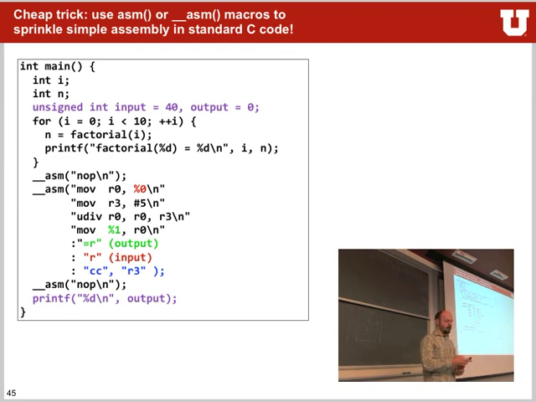So how to do this is with this notation down here, where you can say that you have the different output variables that's stored in a register, you have an input variable that's stored in a register, and you have the clobber list of R3, which is basically the register. You tell it which registers it can use that don't have to mean anything after this execution anymore. So it can use the R3 as a throwaway later on. So what happens is output, input are two variables that we have here.